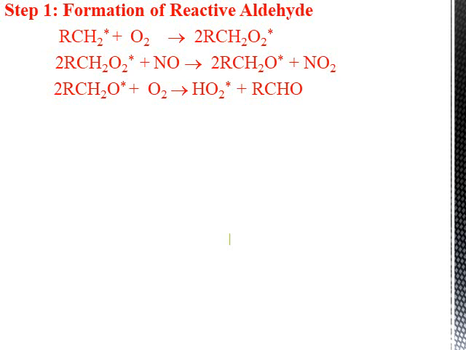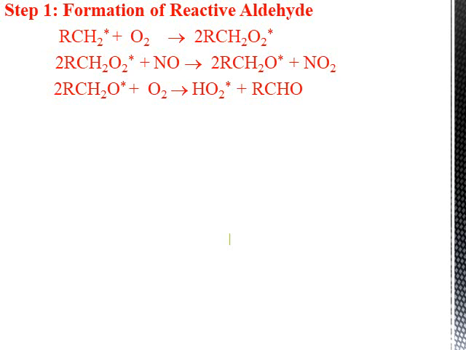Now two molecules of RCH2O2 dot react with NO. NO is formed by the photolytic decomposition of nitrogen dioxide, and it forms RCH2O dot plus NO2.